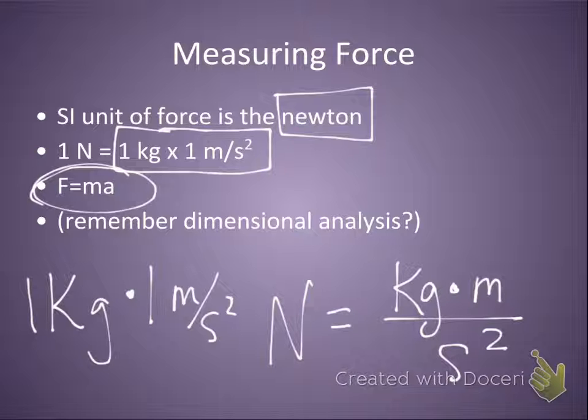So if I have a 1 kilogram mass, and actually this is a 500 kilogram mass, but we'll pretend, the amount of force that I need to put on this thing to get it to accelerate at 1 meter per second squared is 1 Newton of force. Now, if I lift this thing up, well, we'll get there.